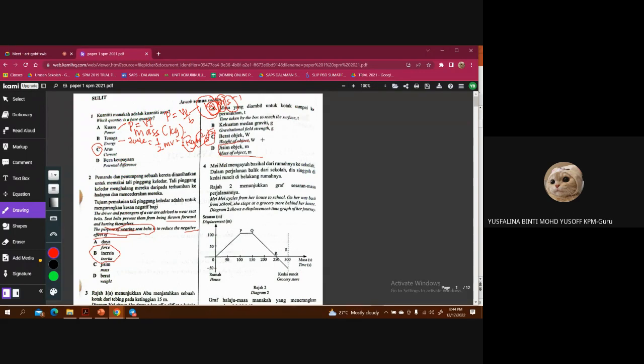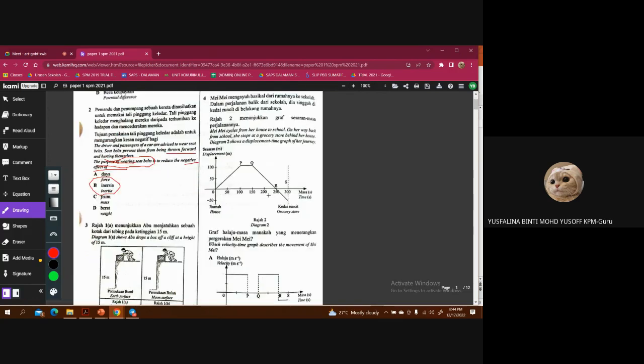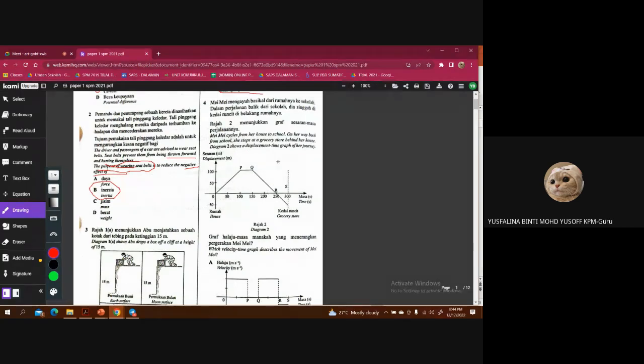So remember that the mass will be the same. The weight, of course, no, because of different gravity, and the gravitational field strength also no, because I just told you it is 1/6 of the Earth's gravitational acceleration, so it is less. So the answer is A. All right, so number 4.